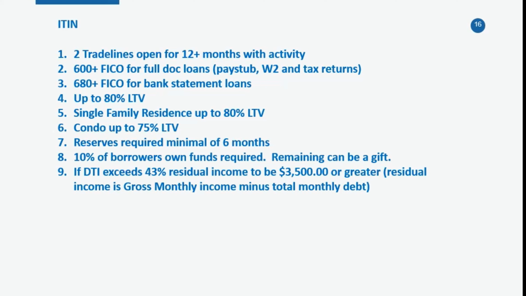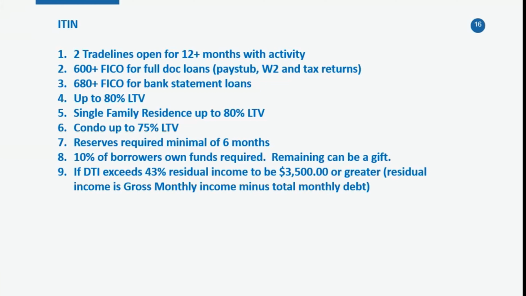ITINs are coming back slowly because as the market gets bad, companies tend to restrict their programs. And as they see business starting to dwindle, they start expanding their programs and relaxing their guidelines again. Right now, most lenders are going to require 80% LTV on an ITIN loan.